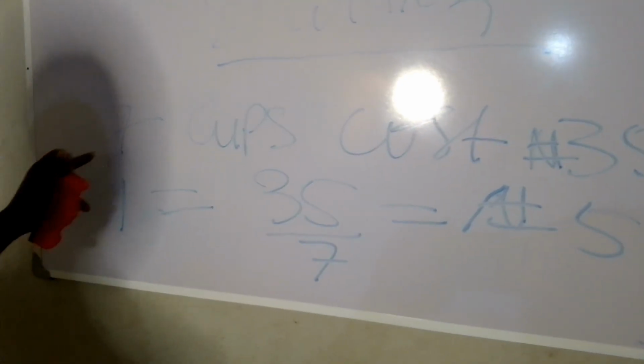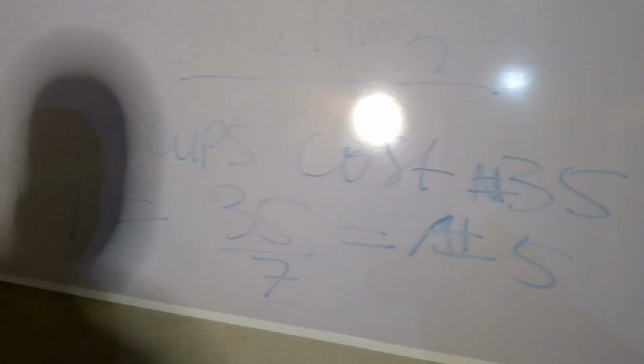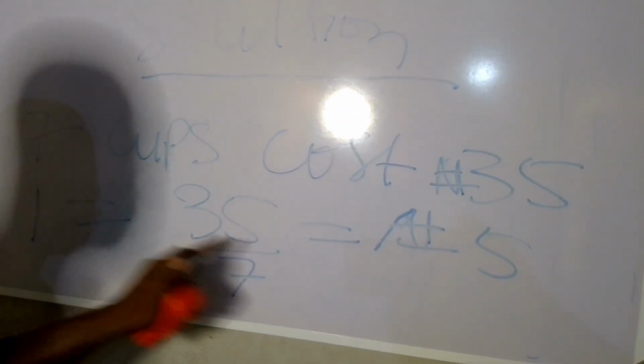Did you get it? If 7 cups cost 35 naira, the price of 1 cup will be 35 naira divided by 7, which is 5 naira.